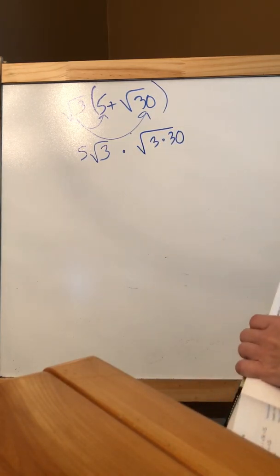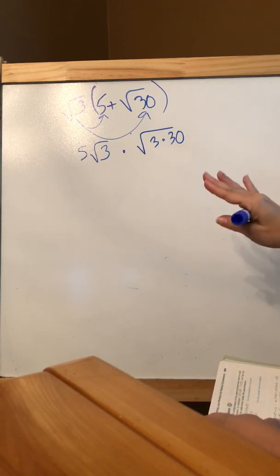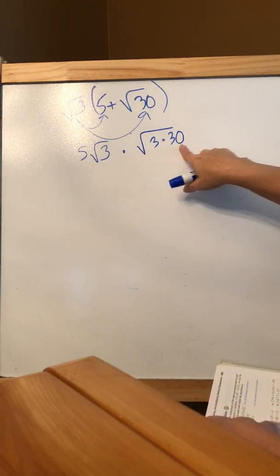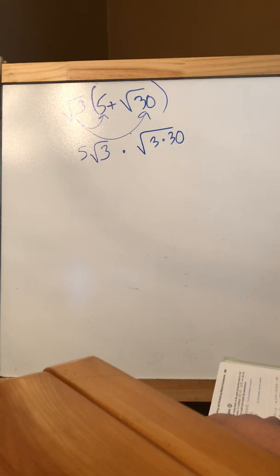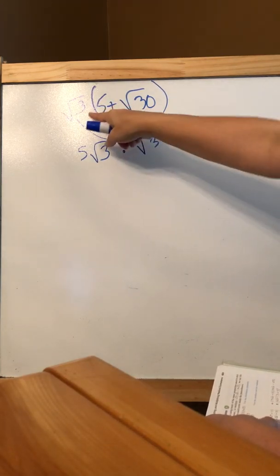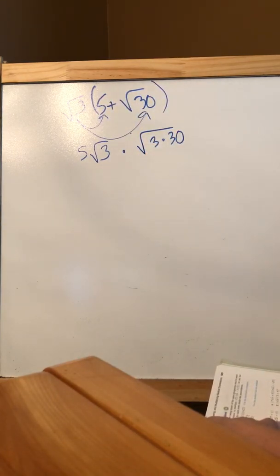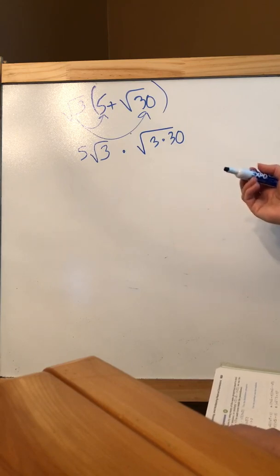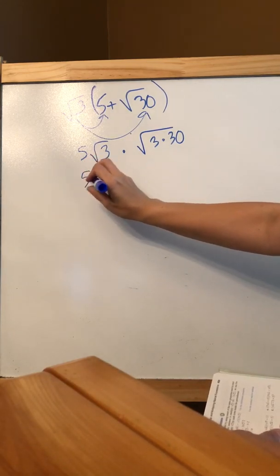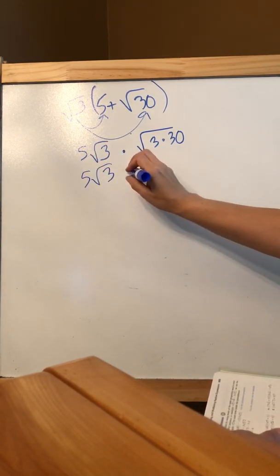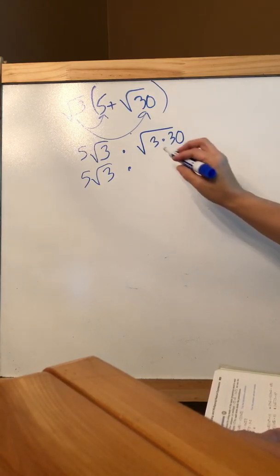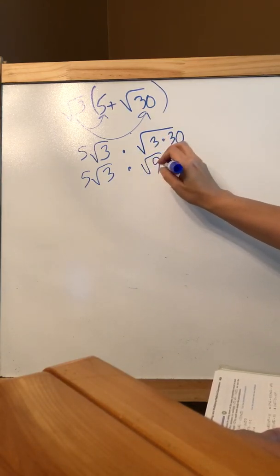Since we're multiplying, and not adding or subtracting, you can multiply underneath the root sign, as long as the roots are the same. They're both square roots. One's not a cube and the other a square. So you have 5 times the square root of 3 times 3 times 30, which is 90.